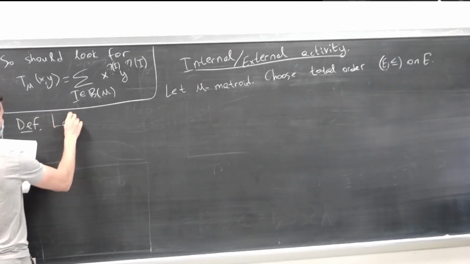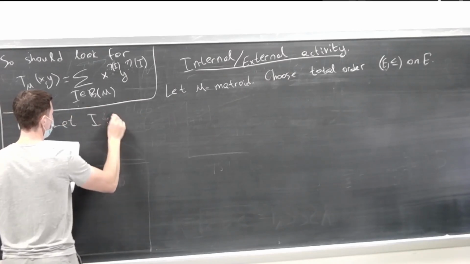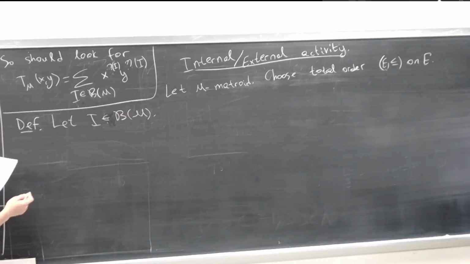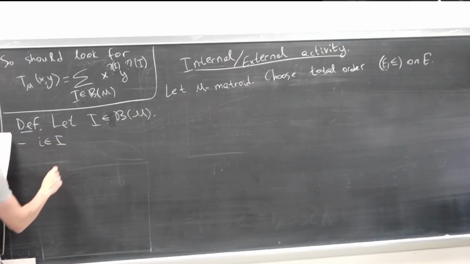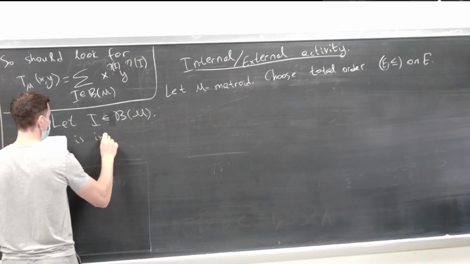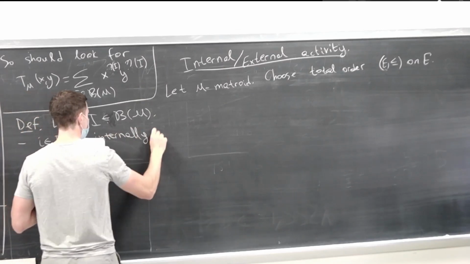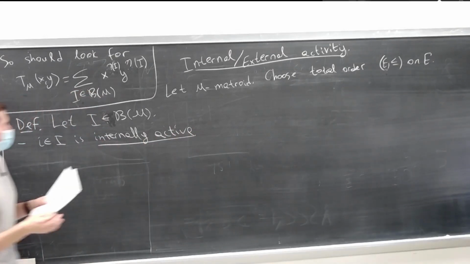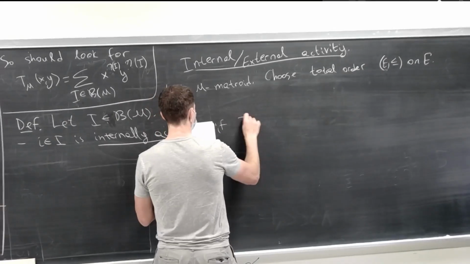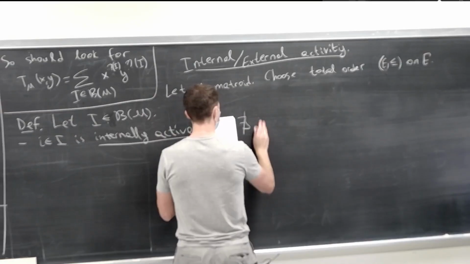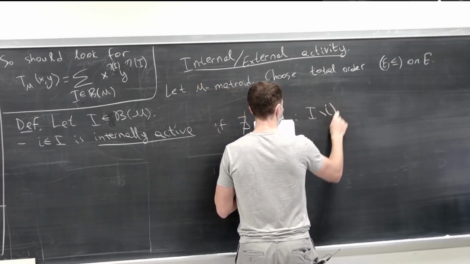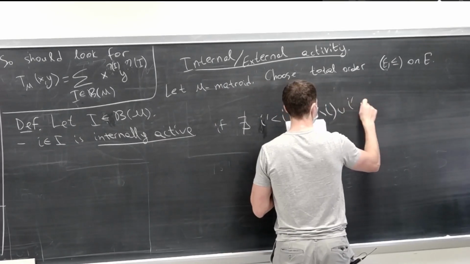Let's say you take a basis I. There are going to be two parts to the definition. First of all, an element of your basis I is called internally active if you cannot find a smaller element I prime less than I such that I without I union I prime is a basis.